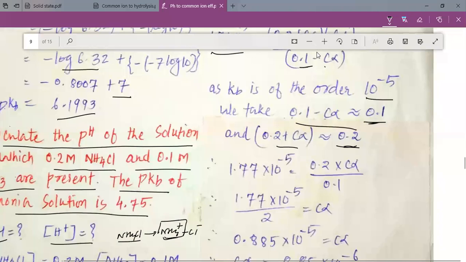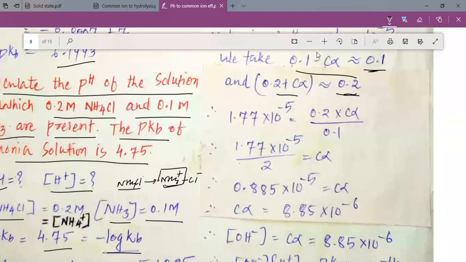So you can see, my dear students, that I have written here that 1.77 into 10 to the power minus 5 is equal to 0.2 multiplied by C alpha divided by 0.1. So by doing this required calculation, 0.2 divided by 0.1 is equal to 2.